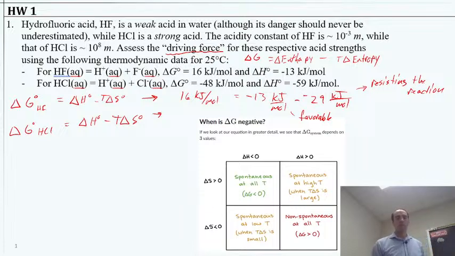So if delta S is less than 0, which is true in our case, it's spontaneous at low temperatures when T delta S is small, right? So that's the way to think about this. The next one, HCl, we have negative 48 kilojoules per mole equals negative 59.